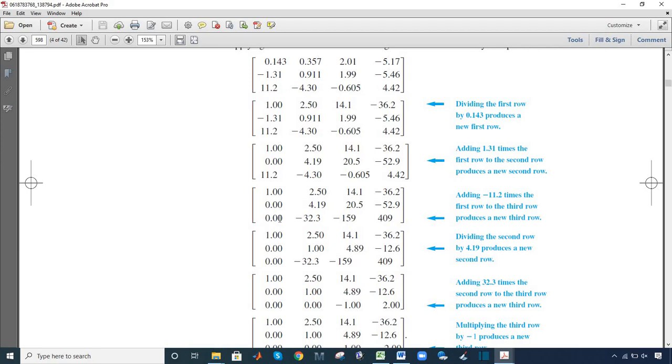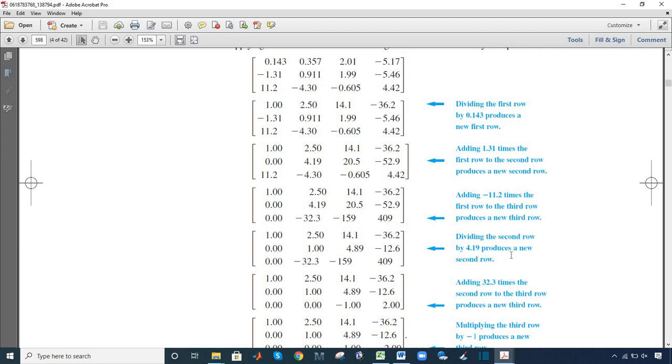You have to perform such operations that the first element of the first column is 1, the second element is 0, and the third element is 0. After that you have to make the last element of the second column 0.